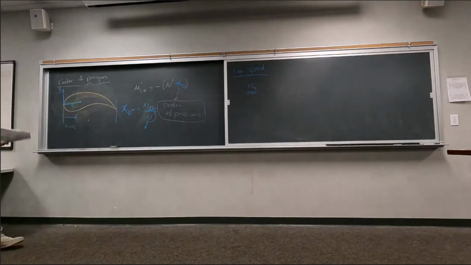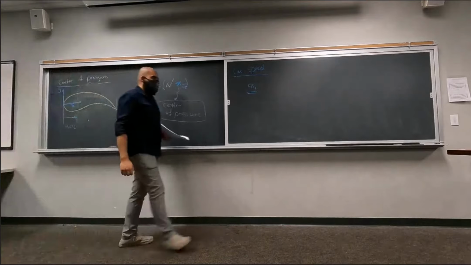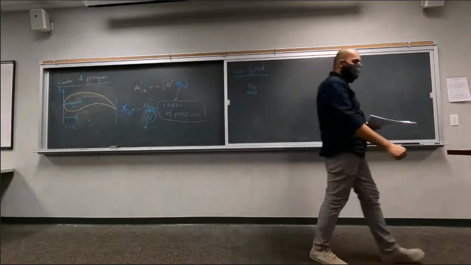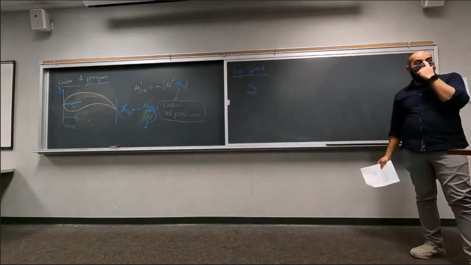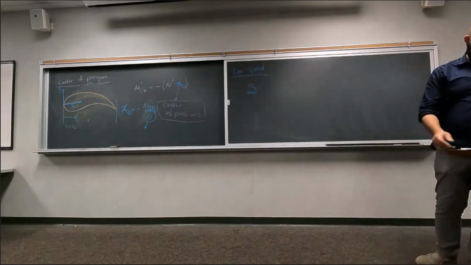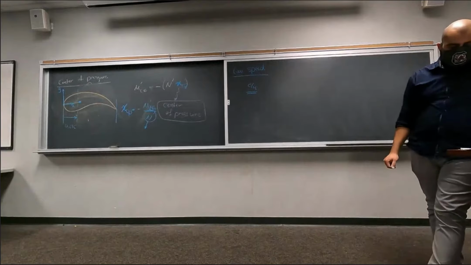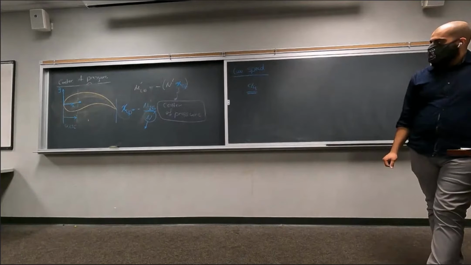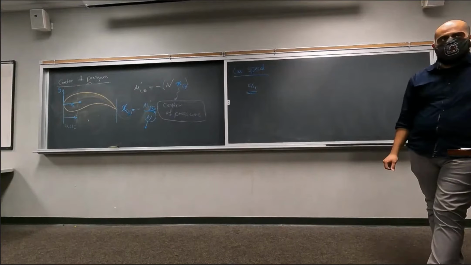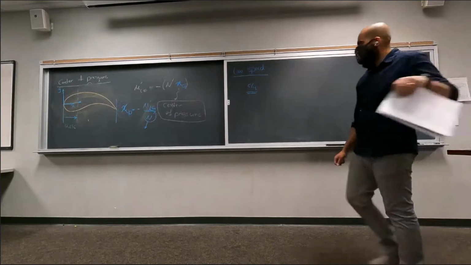Why do we do that? We're going to discuss that later on. What you're going to see is the quarter chord point is used more often as the reference point in aerodynamic analysis. Any questions so far? Good.